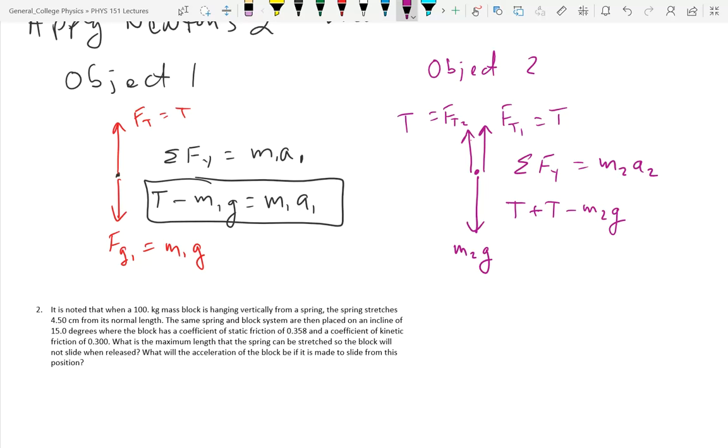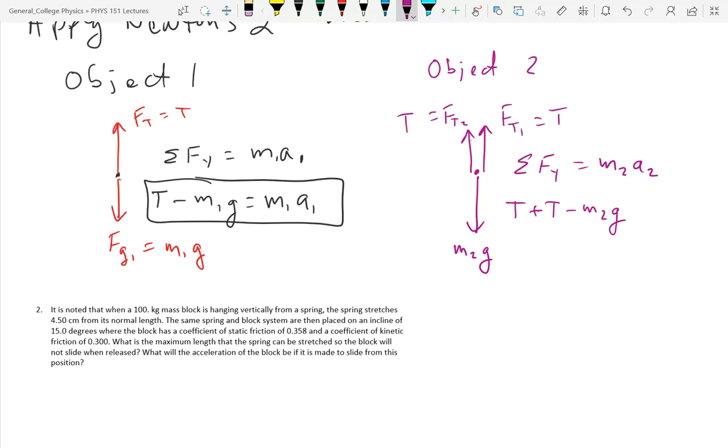Perfect. She said force tension 1, force tension 2, which is also perfect. I wrote tension and tension because force tension 1 has a value of tension, and force tension 2 has a value of tension. Because we have ideal pulleys and ideal strings, the tension has a magnitude of T everywhere.